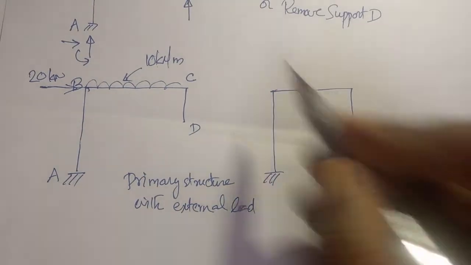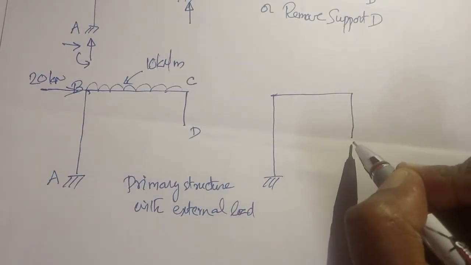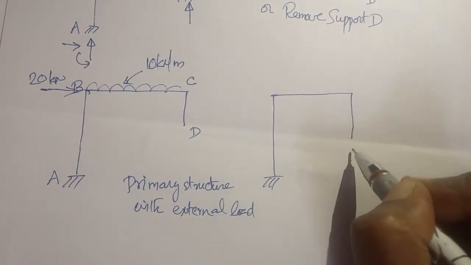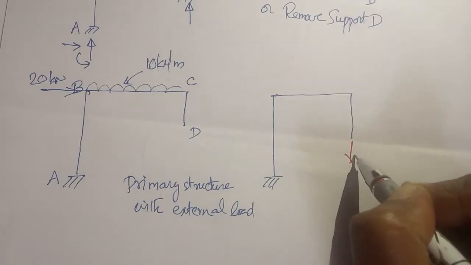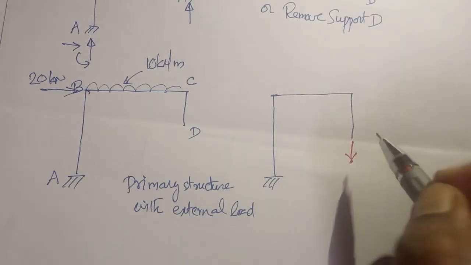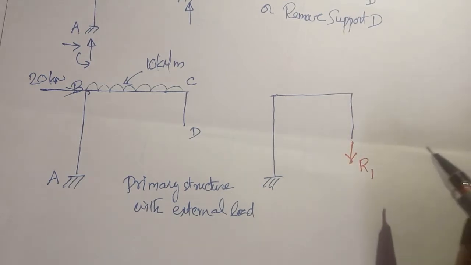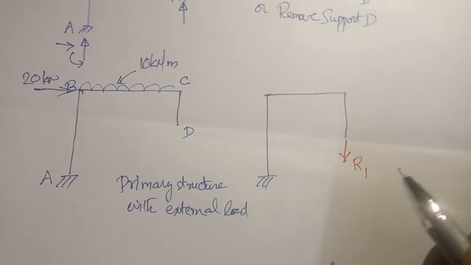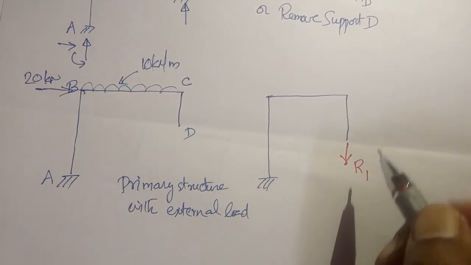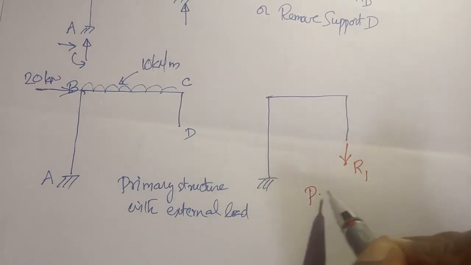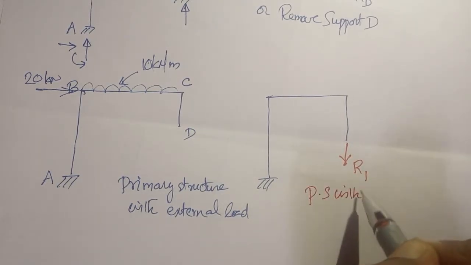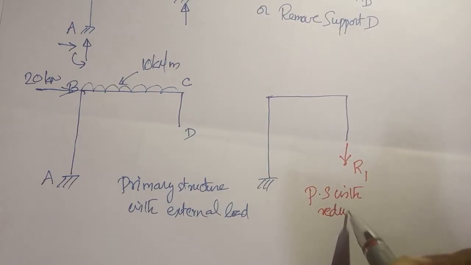The redundant force, the redundant RD, we can either mark it upwards or downwards. Whatever be the direction, we'll get the answer accordingly. I am selecting here R1 as a downward reaction. Let us solve it. Let us find out how we will arrive at the reaction. So this is the primary structure with redundant.